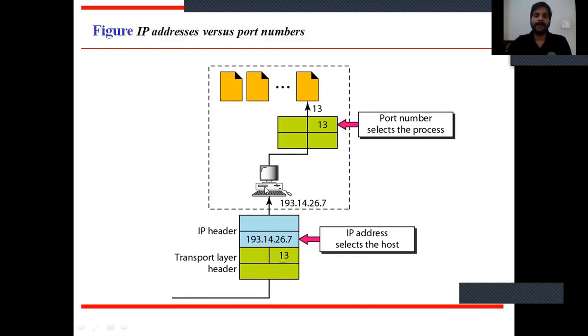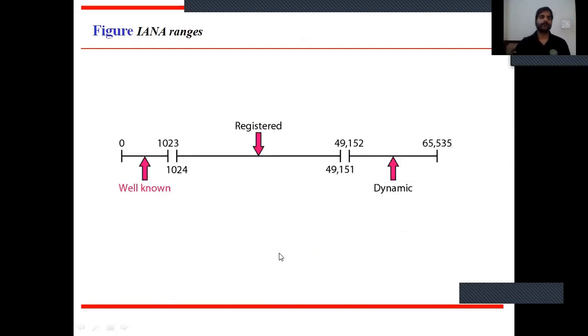With the help of the IP address, we detect the particular machine, and several processes are executed or run in this system at a time. A specific process or application is selected with the help of the port number. Port numbers from 0 to 1023 are well known, then registered, and the rest are dynamic.